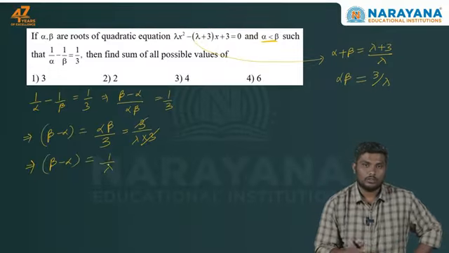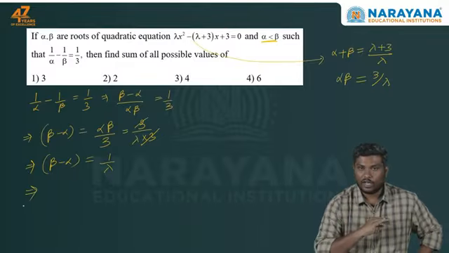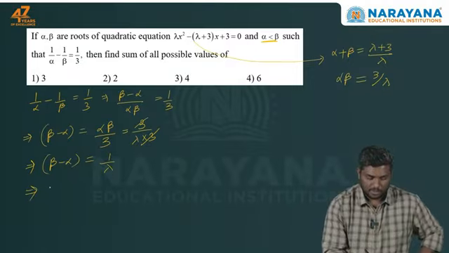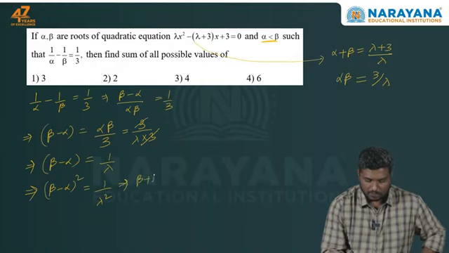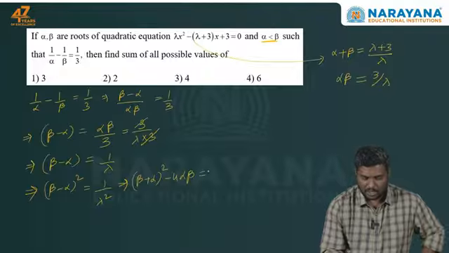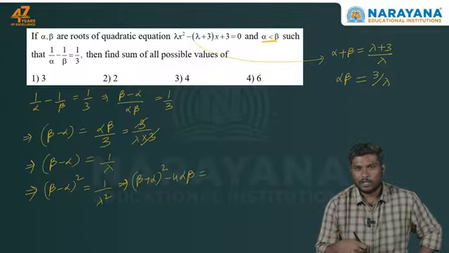Now what you are going to do is just squaring on both sides, because we have relation between alpha plus beta and alpha minus beta, right? So beta minus alpha whole square is equal to 1 by lambda whole square. What is beta minus alpha whole square? Beta plus alpha whole square minus 4 alpha beta. Once again, the kind of formulas which all the teachers will ask you to repeatedly remember.